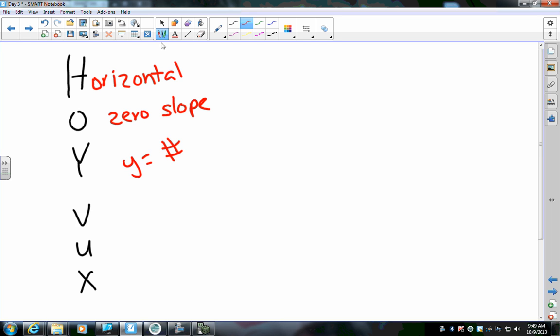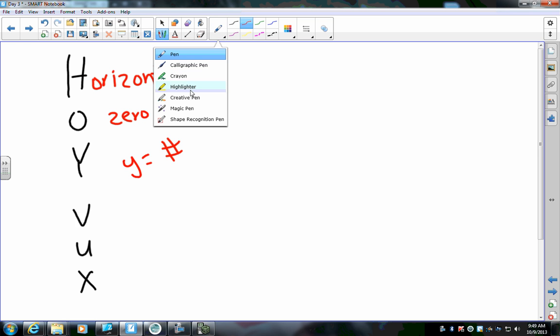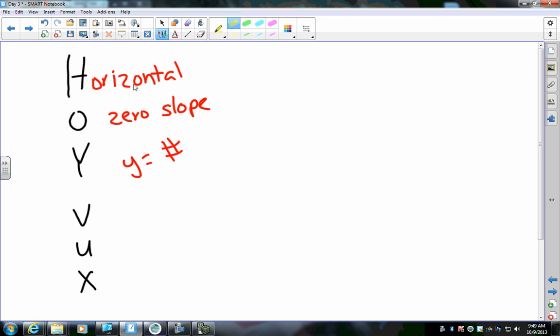Another way I try and remember this is because horizontal has a Z in it, 0 has a Z in it. So I try and remind myself that a horizontal line has a 0 slope from just that. Now the Vux, this is a vertical line. Vertical lines have an undefined slope.